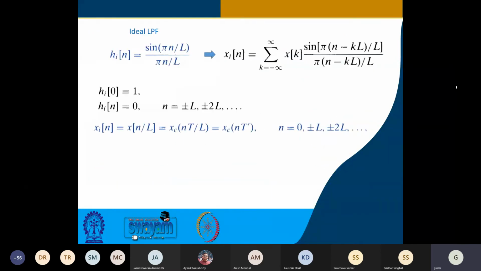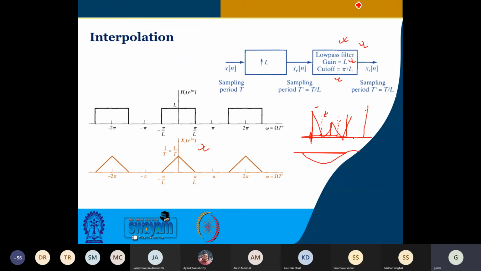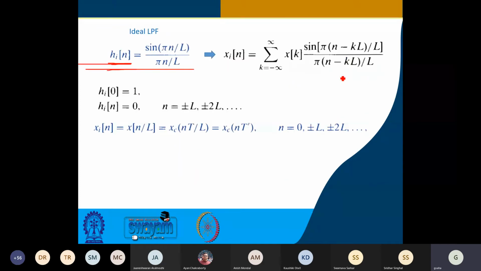Now this is the ideal low pass filter. We have already seen through inverse DTFT the corresponding unit sample response, and when you convolve this with the samples that are over here, you are looking at this summation.